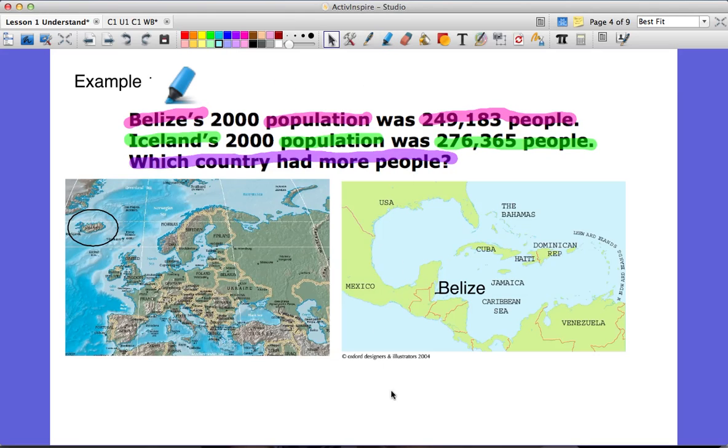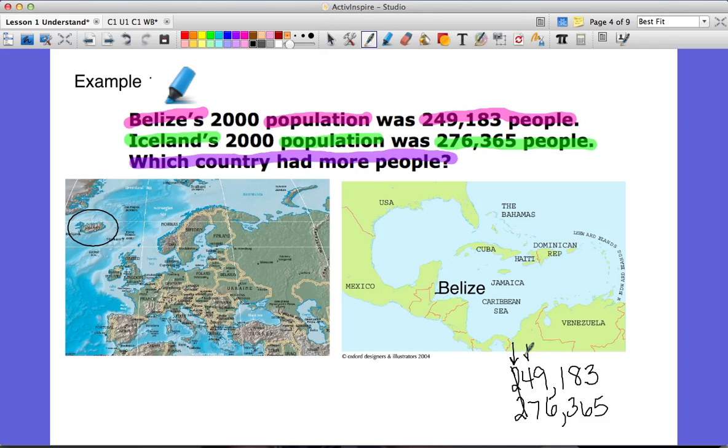So what we do to compare these numbers, I actually like to write the numbers and line up the place values. So I'm going to put Belize on top, and that is 249,183 people. And then Iceland is 276,365 people. We always start from the left and work our way to the right. So we start at the left and we see that both of these have 2's. So this column is not going to help us.